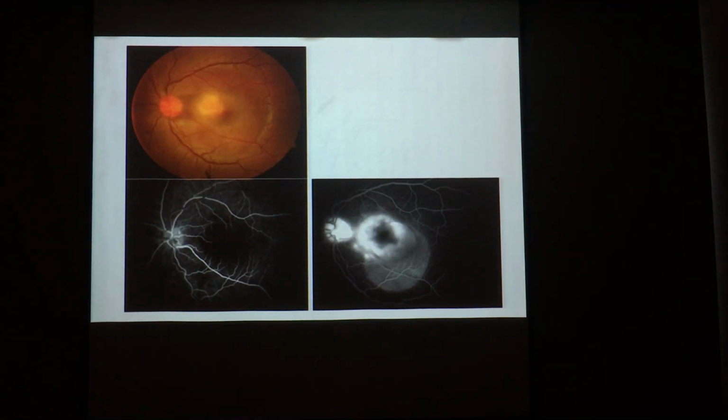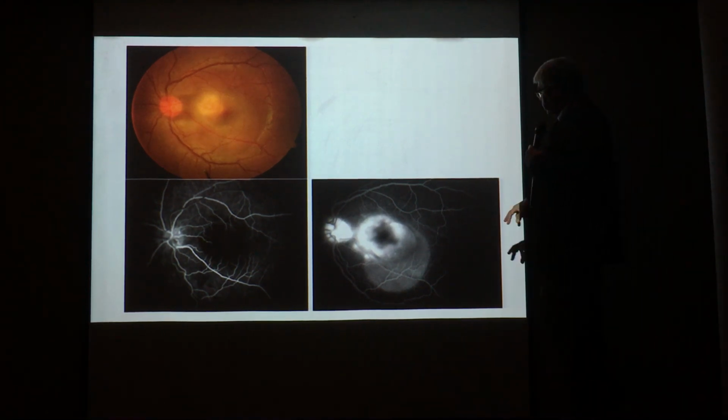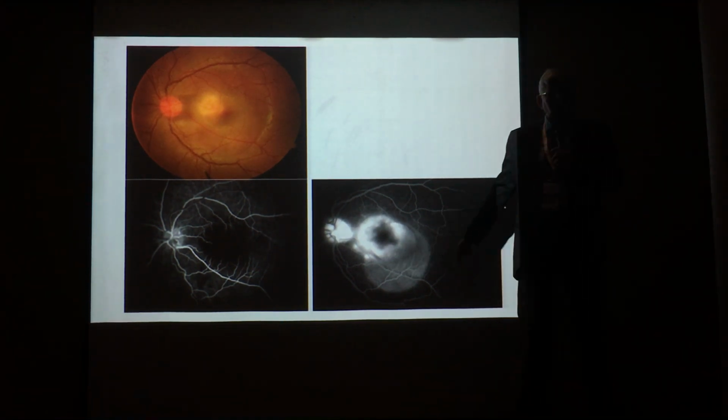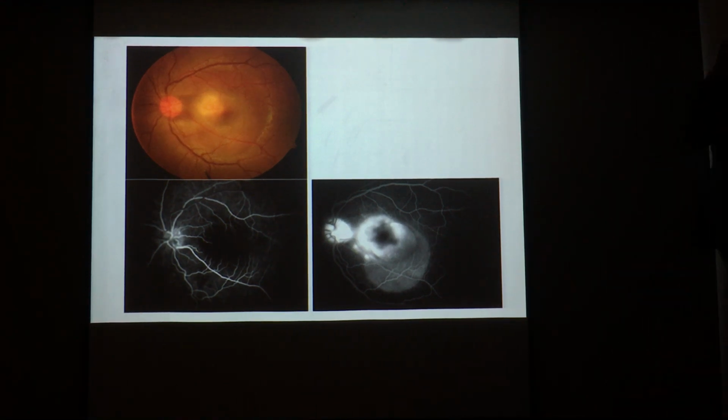Now you can see the difference in this granuloma. It has both components now: the component of the choroidal granuloma, as well as fluid collected in the subretinal space, because it is a reactive, exudative granuloma.